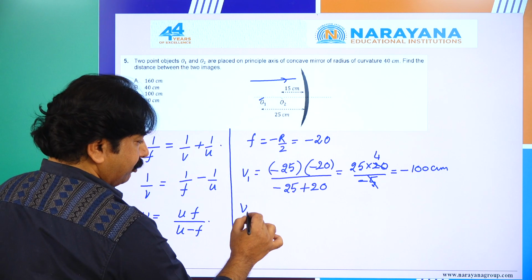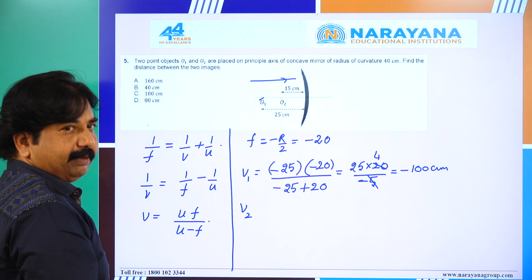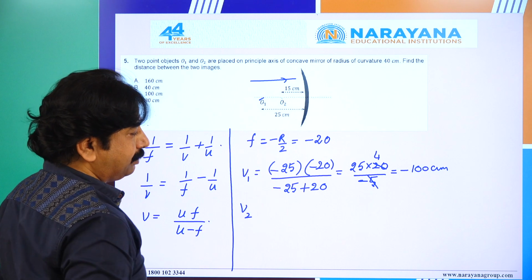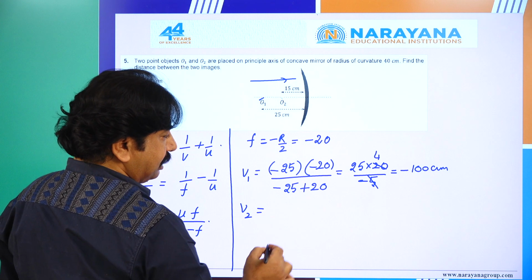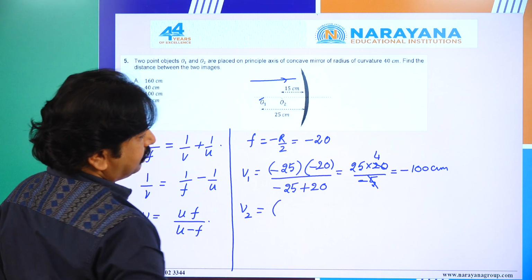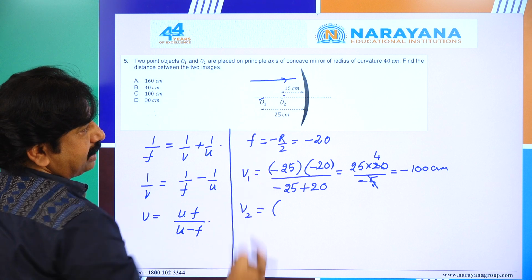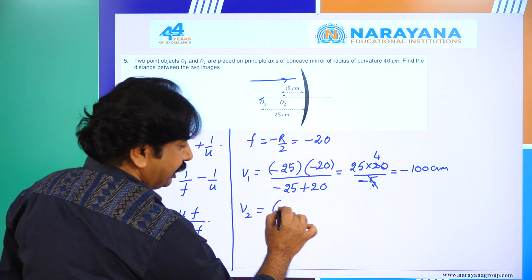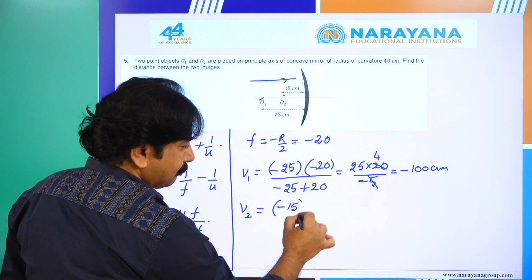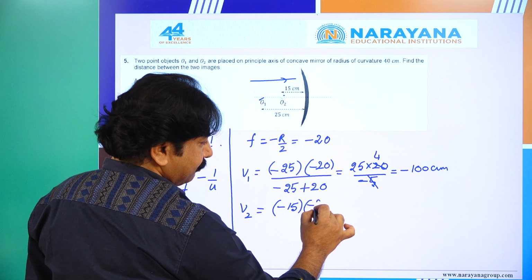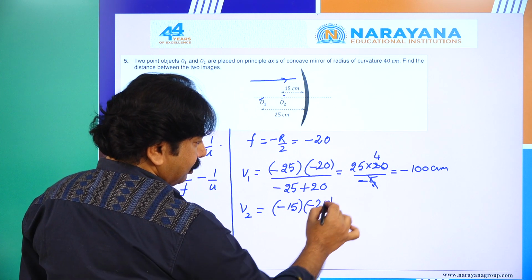Okay, next one. What about the second one? Second image, due to the O2 object. This you can also calculate in such a way. This u is nothing but minus 15 centimeters. This is also negative. And f is equal to minus 20 only.